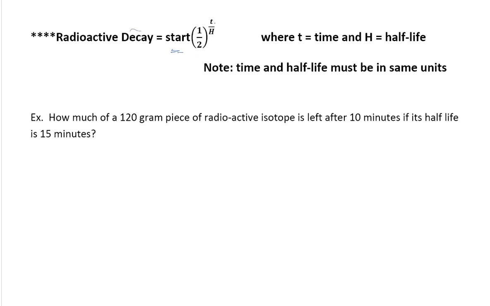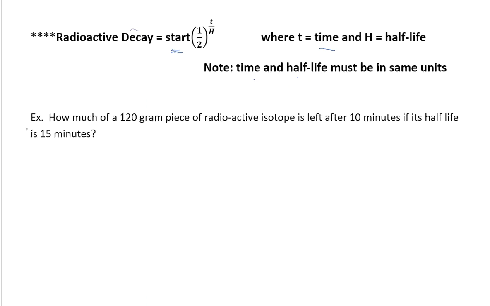The exponent is a fraction, t over h, where t is the time that's going by, and h is the actual half-life of the element. And please note, the time units must be the same for the time period and the half-life. For example, they both have to be in minutes, both have to be in hours, both have to be in days, or you need to make an adjustment.